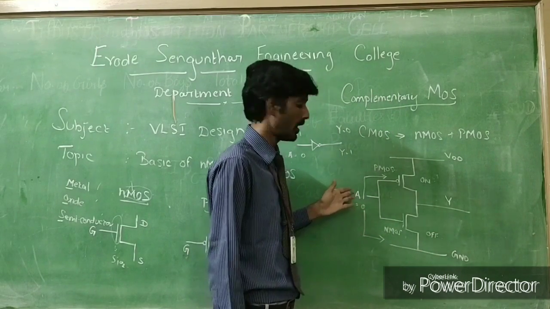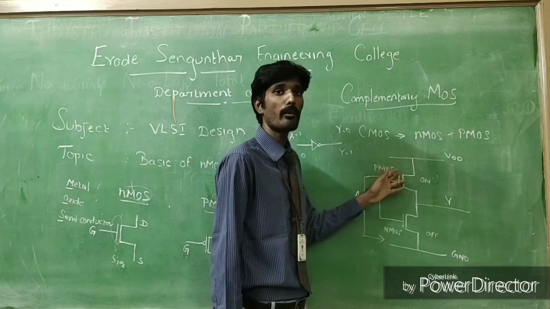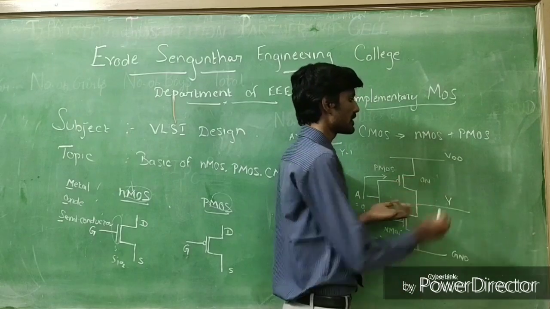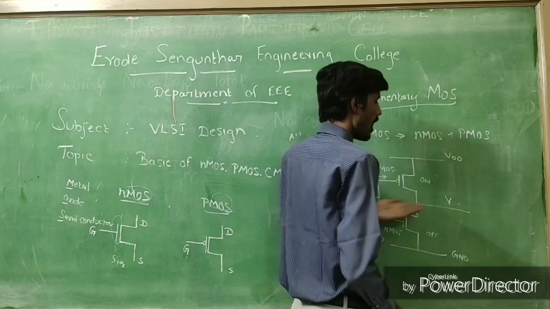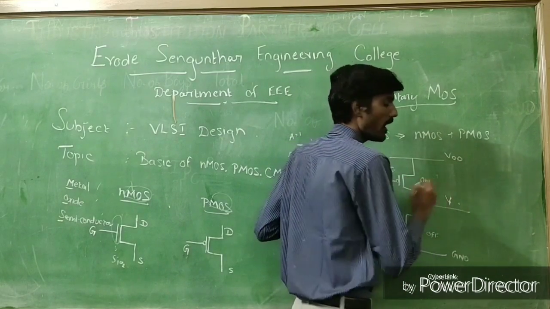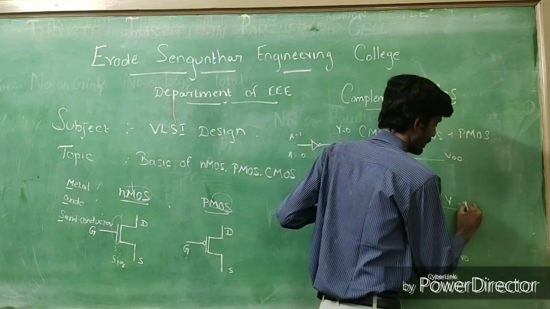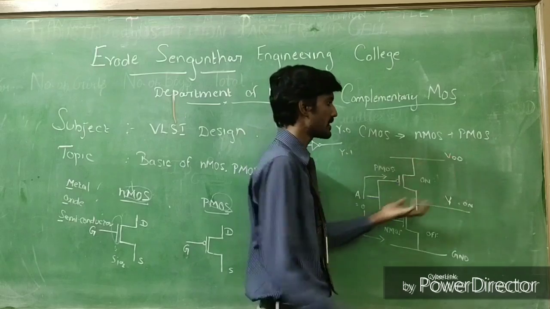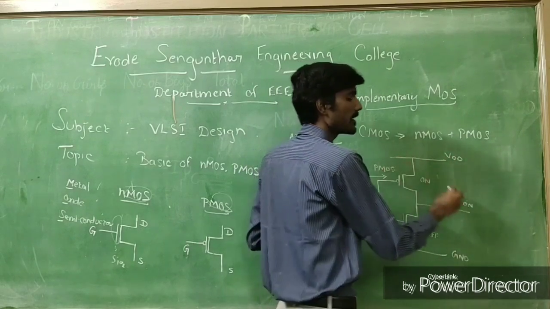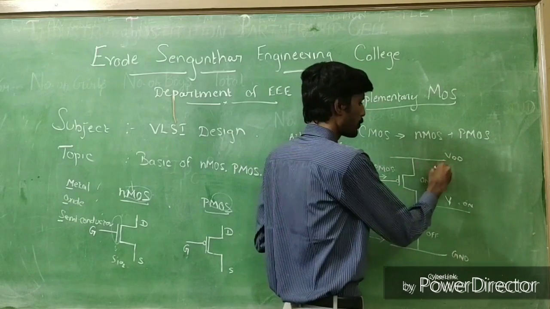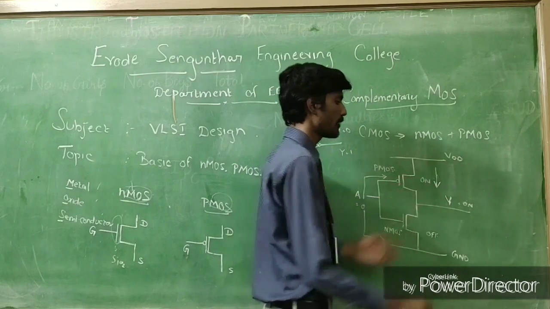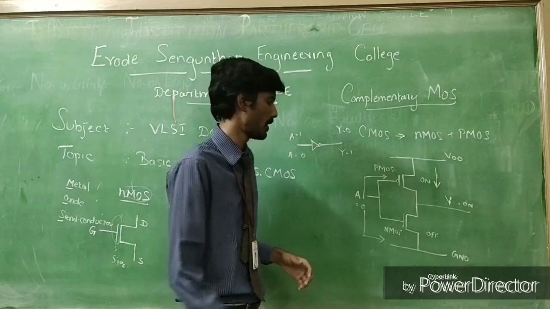Once we receive the input 0 from A, the PMOS automatically turns on, it pulls the supply from the VDD and gives the output Y. VDD is nothing but the supply, right?